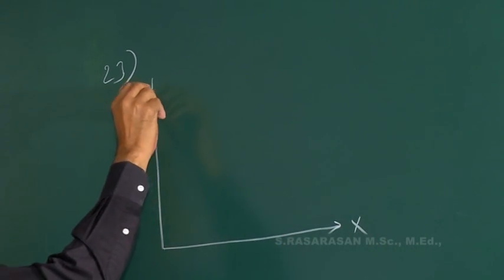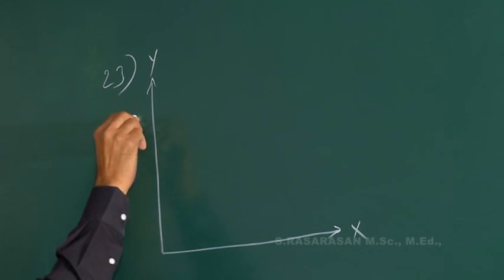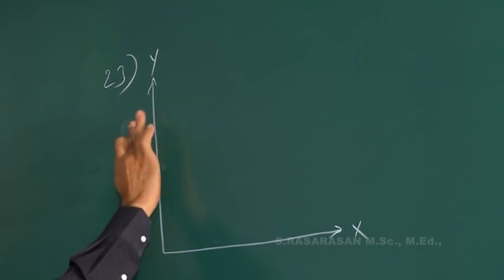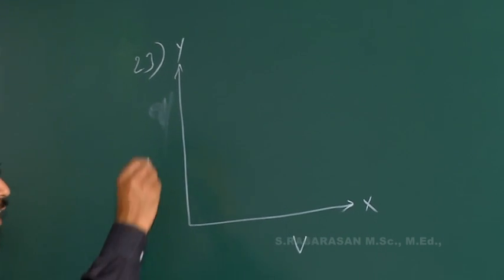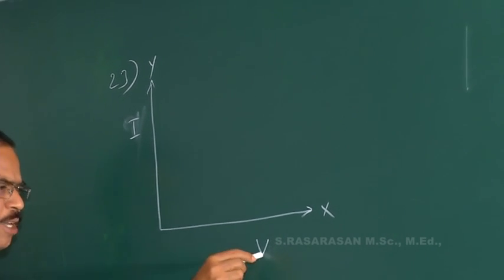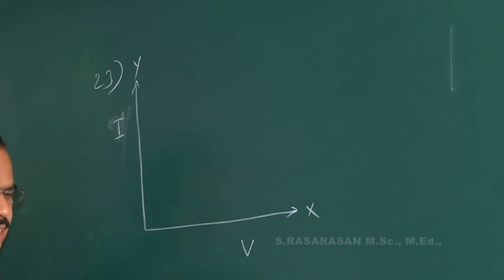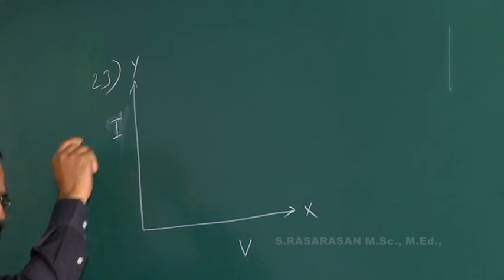X-axis, y-axis: the potential difference V, voltage, is taken along the x-axis and the current through the conductor along the y-axis. Of the two, this is the independent variable and this is the dependent variable. As voltage increases, current increases; voltage decreases, current decreases.